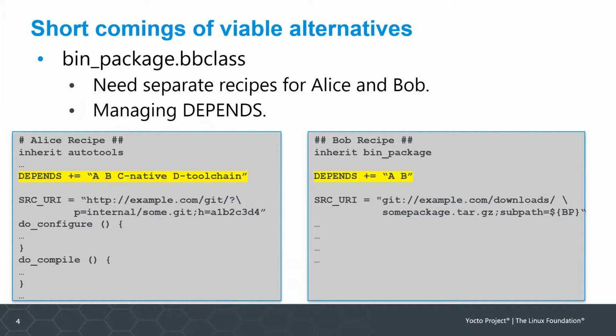For example, for me to compile a recipe internally from sources, I need to mention a dependency on a tool chain. There'll be a set of native tools which will be used to compile that. But these tool chain, these native dependencies are not required for people who just go and install the pre-builds.